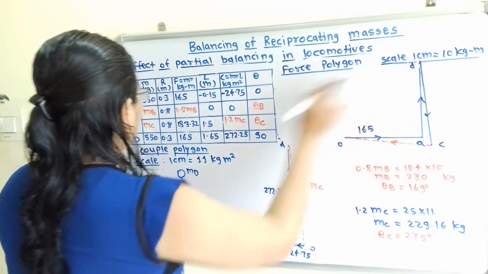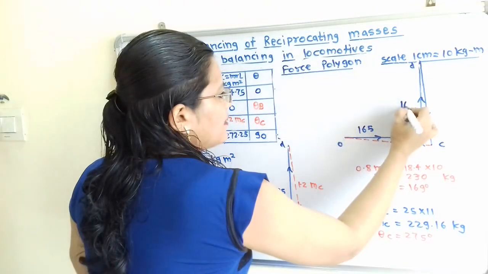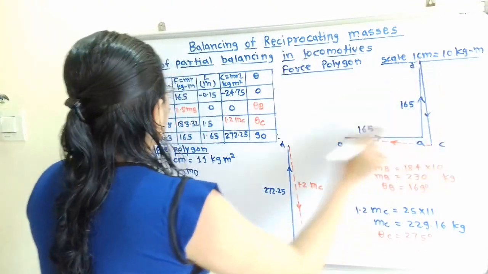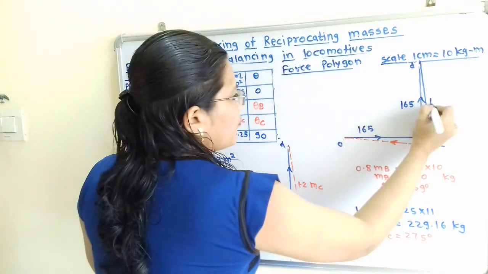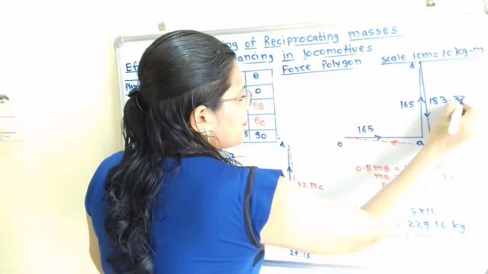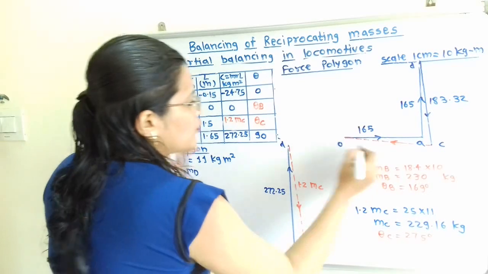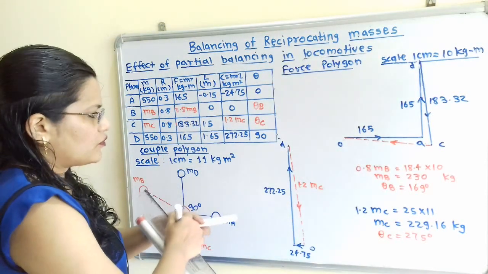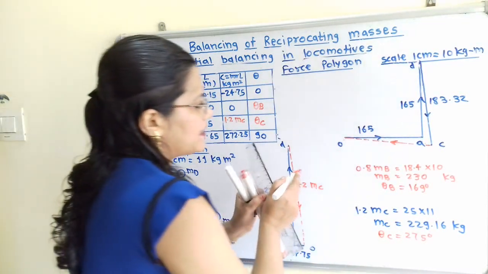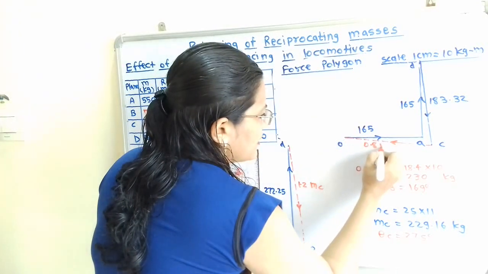Then from A to D it is again 165. Then from D to C it is 183.32, and from C to O it is 0.8 MB. So we will write here this magnitude 0.8 MB.